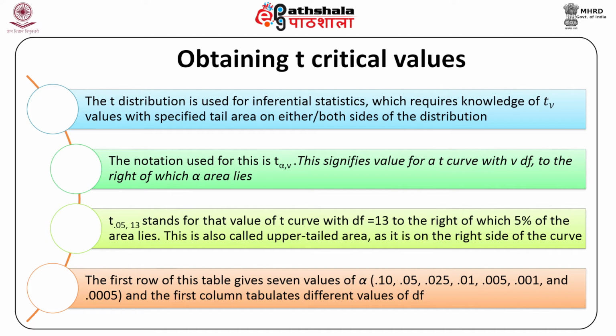The first row of this table gives the 7 values of alpha, which correspond to 0.10, 0.05, 0.025, 0.01, 0.005, 0.001, and 0.0005. And the first column tabulates different values of degrees of freedom, which are nu.